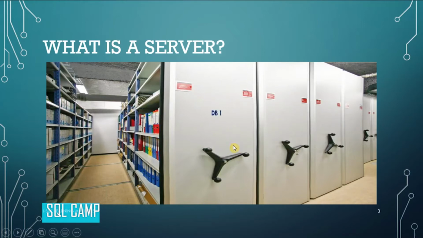So let's say, for example, this aisle here, we'll call it database 1, and this aisle here, we'll call it database number 2, then database number 3, and database number 4.